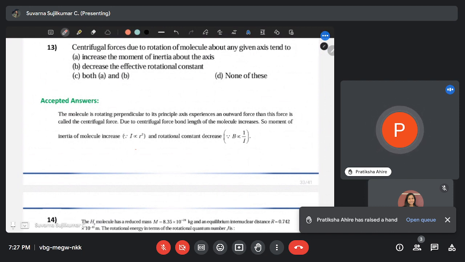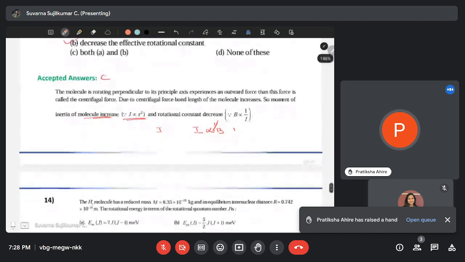Due to centrifugal force, the bond length of the molecule can increase, so the moment of inertia increases. So the rotational constant decreases, since the moment of inertia and the rotational constant are inversely proportional. So the answer is: due to centrifugal force, the moment of inertia increases and the rotational constant decreases. The answer is C.